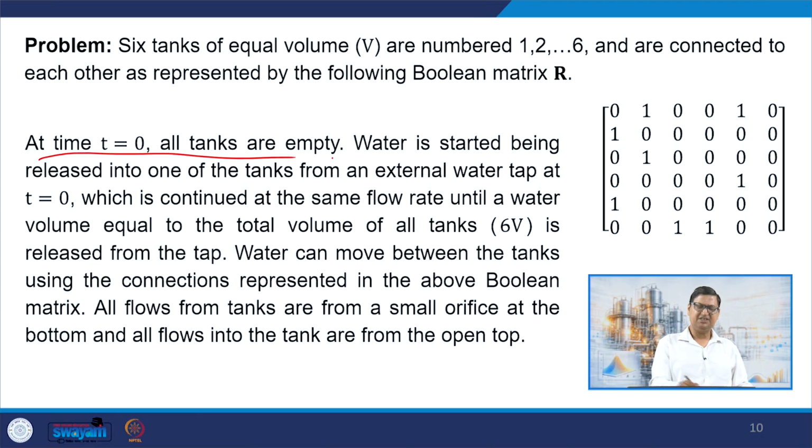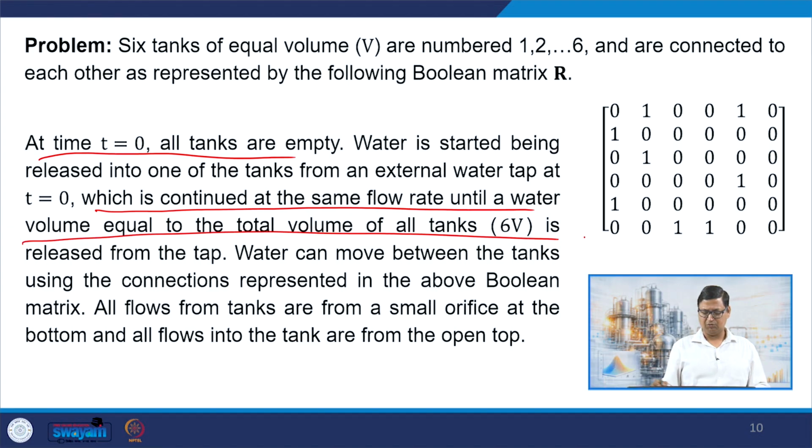At time t equal to 0, all the tanks are assumed to be empty. And now water starts being released into one of the tanks from an external water tap at time t equal to 0, which is continued at the same flow rate until a water volume equal to the total volume of all the tanks is released from the tap.